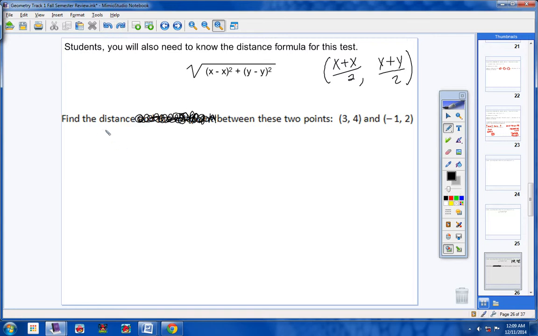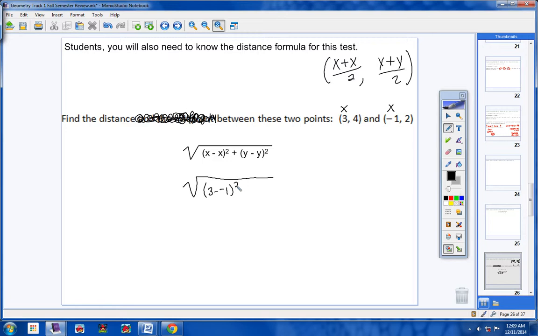Okay, let's find the distance between these 2 points here. So we need our distance formula right here. Square root of x minus x. Well, this is my x and this is my x. So 3 minus a negative 1, quantity squared, plus y minus y.